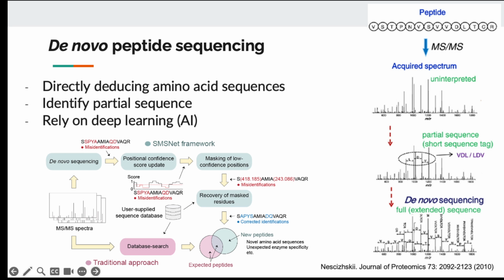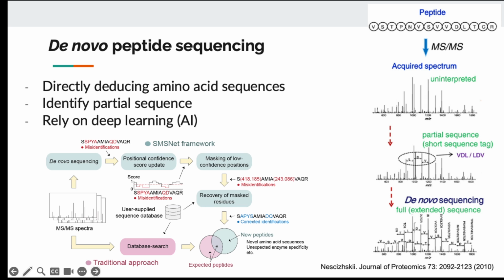So nowadays, similar to how nanopore technology uses machine learning and AI to interpret the signal, we also try to understand mass spectrometry data by using machine learning and AI. So this is called de novo peptide sequencing. We are not going to use a database. We're going to make the AI look at the raw mass spectrum and try to identify.